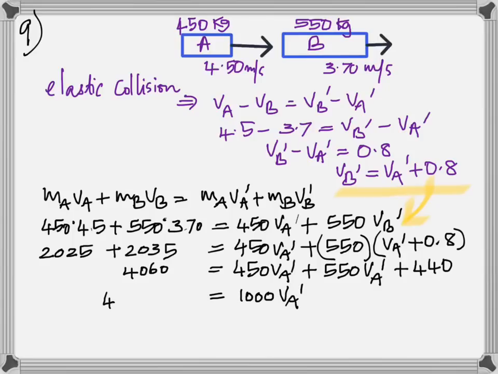Add these two numbers to get 1000. Take the 440 to the other side. You get 3620. Therefore, VA prime is 3.62.